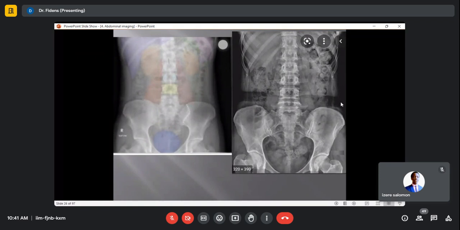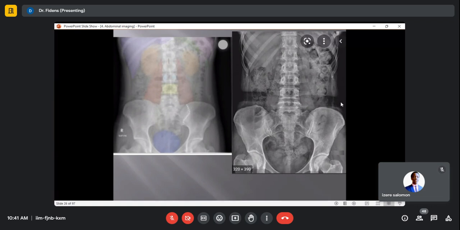That's number one. Then B, remember, it's about bones. Check the bones and the calcifications. For bones, check each bone, as you have done for chest radiograph.